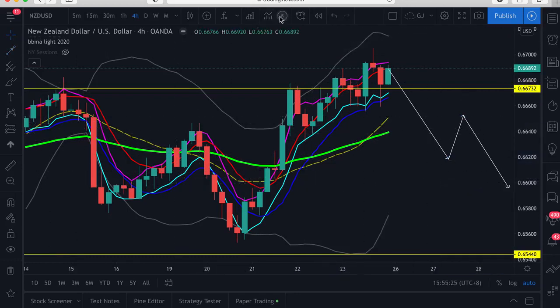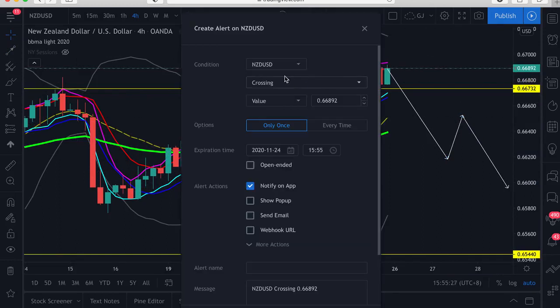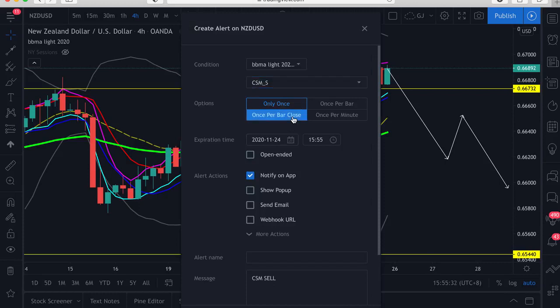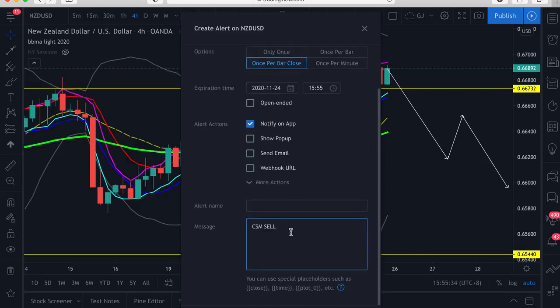Okay, so for NZD USD, we set an alert, CSM sell at H4, and make sure it's below EMA 50.